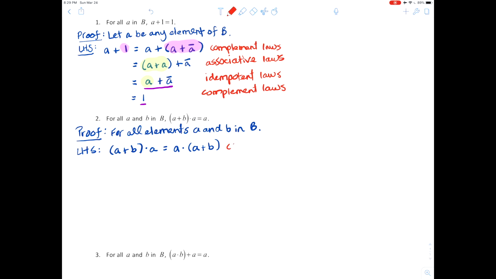So this one was commutative laws. And then this will equal A and A or A and B. That's by our distributive laws.